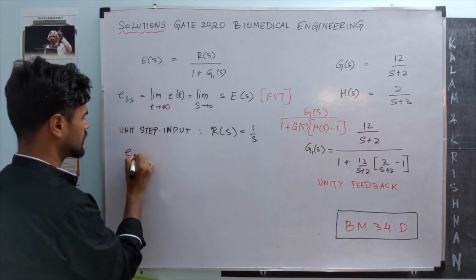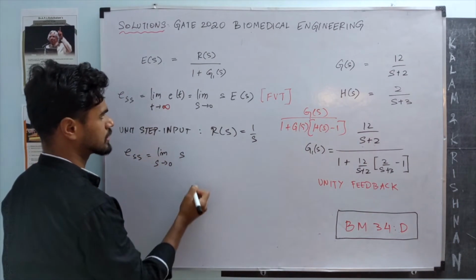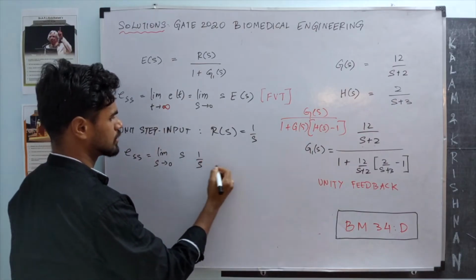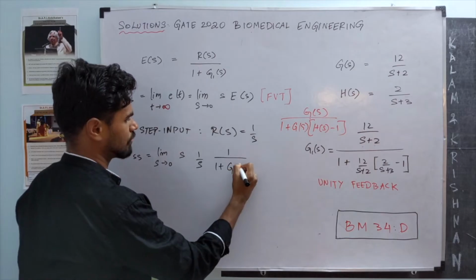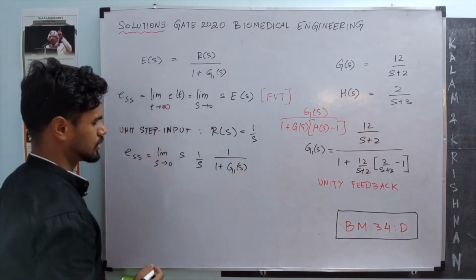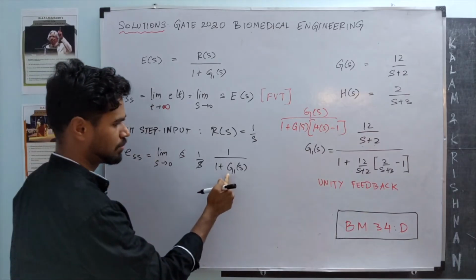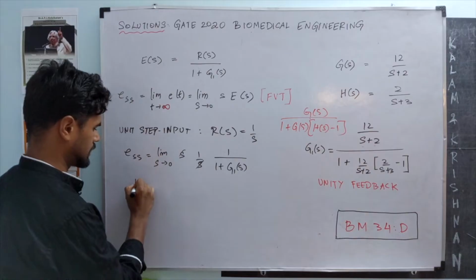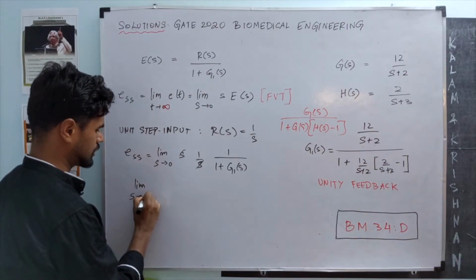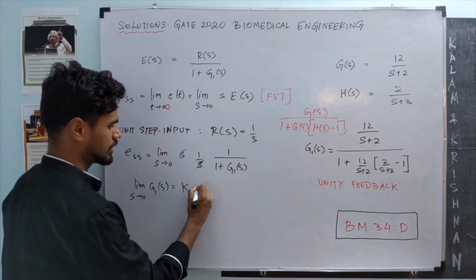So we have ESS is limit s tends to 0, s times 1 by s by 1 plus G1 of s. So all we need to do is find limit s tends to 0 of G1 of s, let's call that k, and plug it in here.